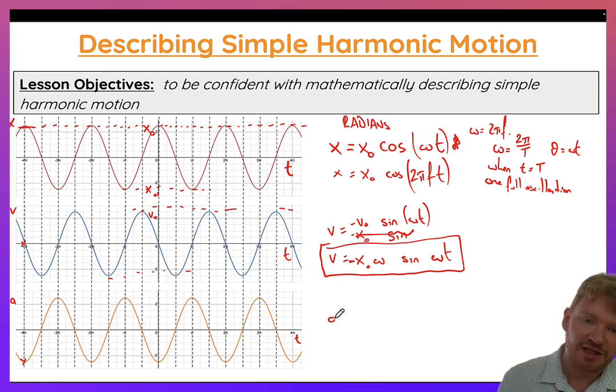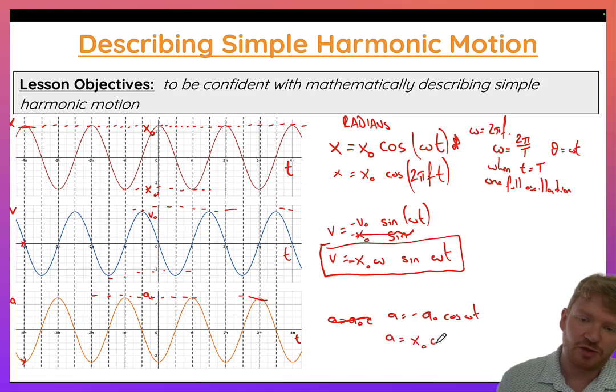And then finally, the acceleration. Acceleration is just the mirror image of this one. So again, I'll have a naught, so acceleration is acceleration naught times minus cos, so a is minus a naught cos omega t, or, more commonly, a is equal to minus x naught omega squared cos omega t.